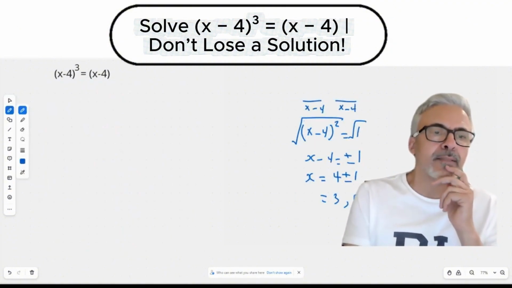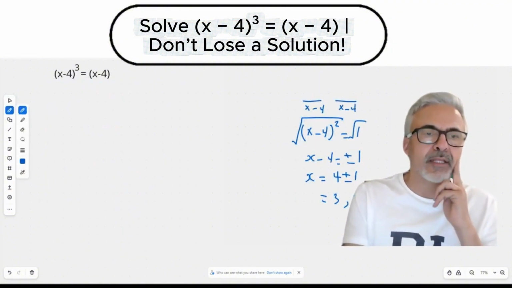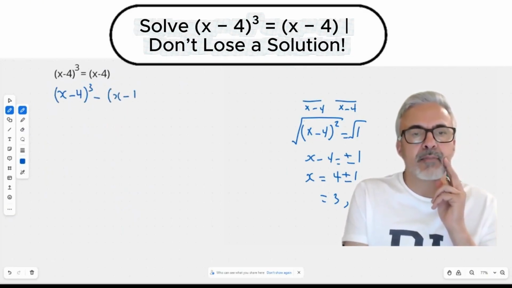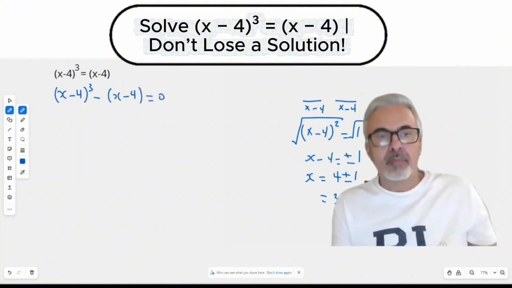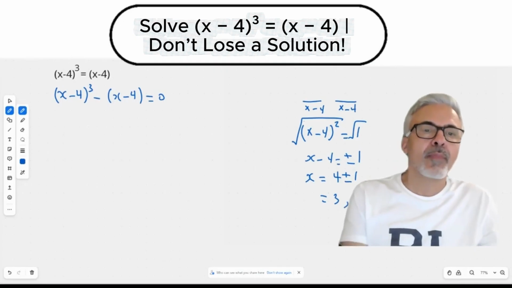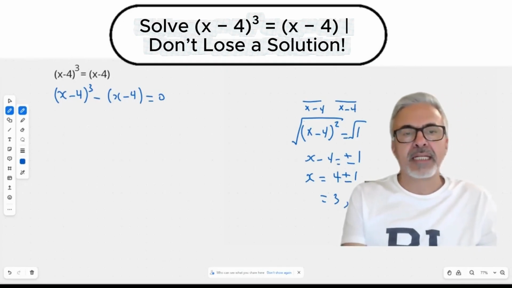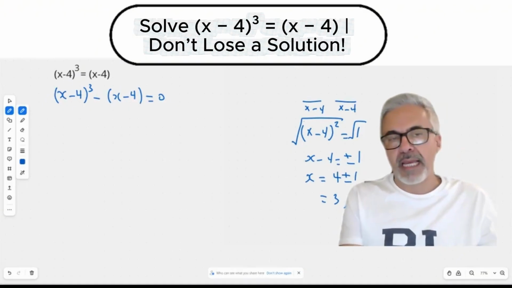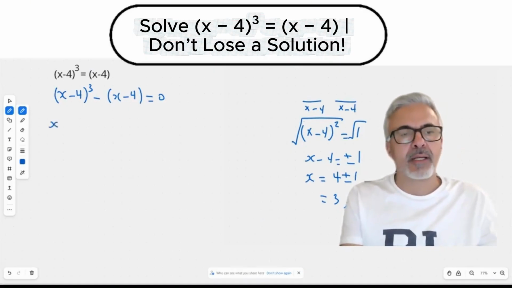What we're supposed to do is move x minus 4 to the other side. So we're going to get x minus 4 cubed minus x minus 4 equals 0. Now, if you see, both brackets have x minus 4 in them, so therefore I can take x minus 4 out as the greatest common factor.